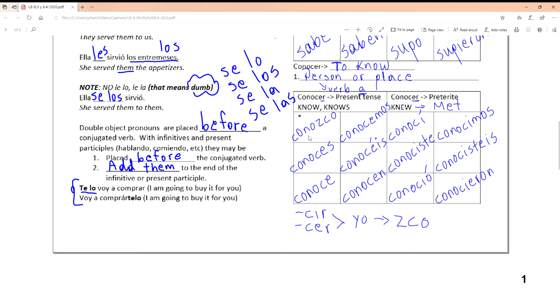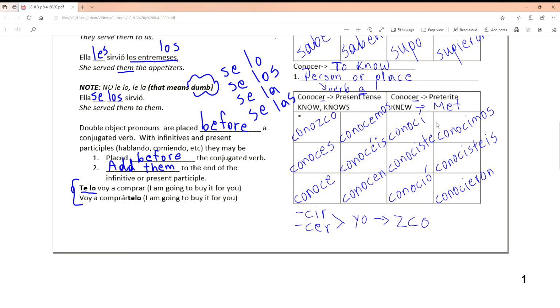Repite después de mí: conozco, conoces, conoce, conocemos, conocéis, conocen.